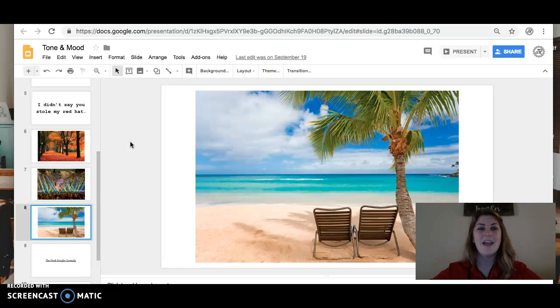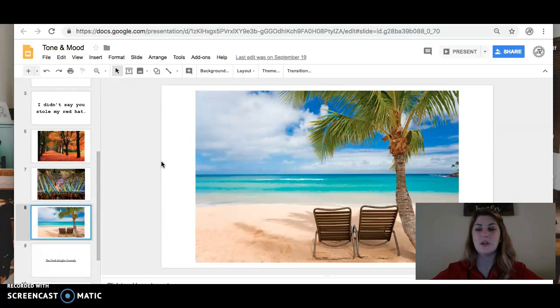Okay, so this is part of your challenge. I want you guys to come up with a picture and a way to describe the picture, okay? It can be positive or negative connotation. If you find a picture like this one that you like and you're like, yeah, this is beautiful, this is so calm and peaceful and I'm sure the weather's nice, I also want you to look at the other side of it.